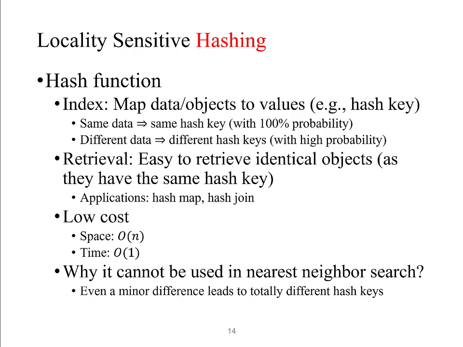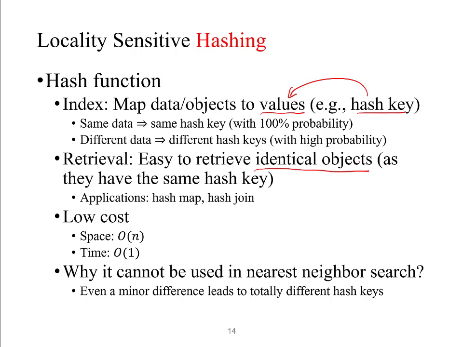For the index, we map the data or objects to values. The values here are the hash keys. And for the retrieval, we want to retrieve identical objects.